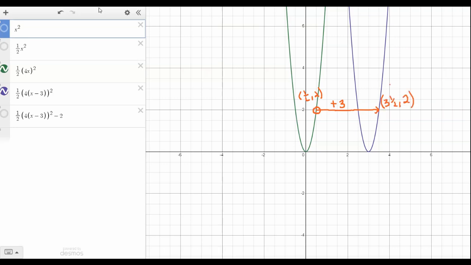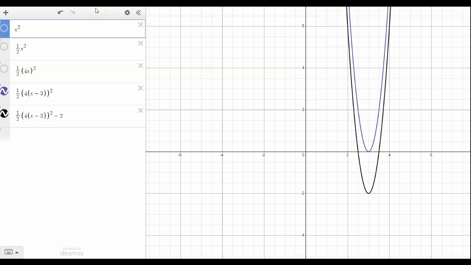And finally, we'll do our vertical translation, which is moving down 2 units. So our point here has moved down 2 units in our y coordinate. So we've subtracted 2 from our y coordinate, and now it's going to be (3.5, 0).